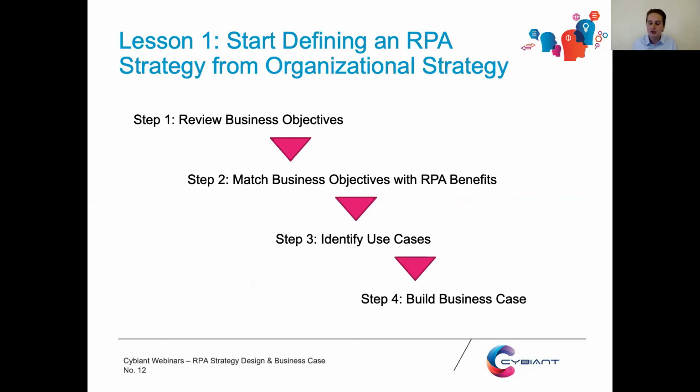So you want to make sure that when you start doing your RPA implementations, you have a positive net present value or return on investment, meaning that the money that you save or the benefits that you achieve, which could also be non-financial, are greater than the investment that you need to make. This is also why we see a lot of governments working with RPA at the moment, because automation is not just a cost saver.